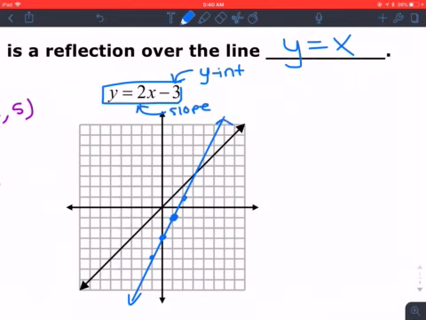Alright, now in order to find our inverse, we're going to switch x and y, so I'm going to take that point when x is 0, y is negative 3, and then we can pick any of the other points. Let's just do the first point we picked, which was 1, negative 1. So we're using this point 0, negative 3, and this point 1, negative 1.